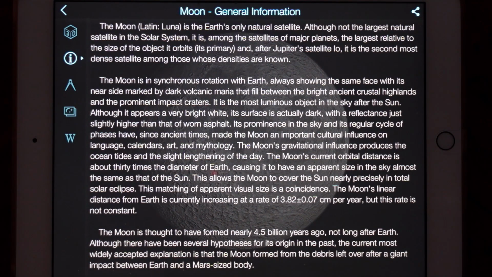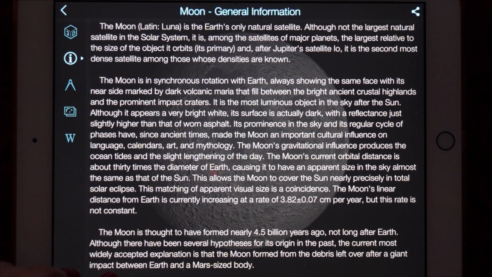The moon, Latin Luna, is the Earth's only natural satellite. Although not the largest natural satellite in the solar system, it is among the satellites of major planets the largest relative to the size of the object it orbits.